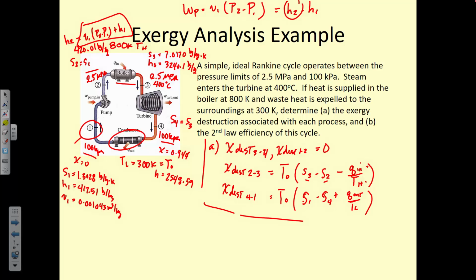So now we can calculate our exergy destruction from state 2 to 3, which is equal to 656.76. Okay, Q in is equal to H3 minus H2. Q out is equal to H4 minus H1. So we calculate our exergy destruction to be 656.76 and 3845.34.